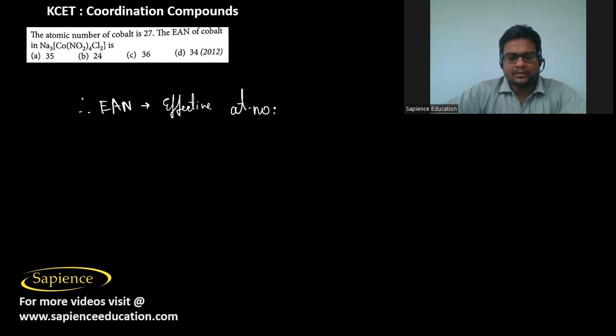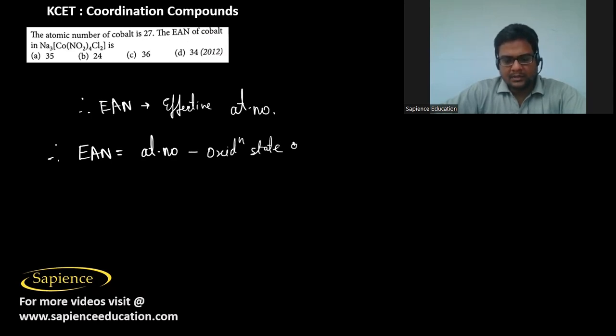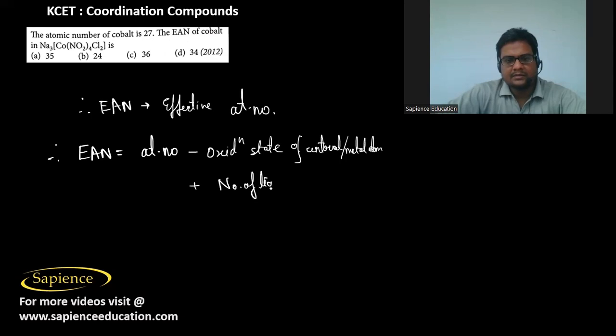The formula to find EAN is the atomic number minus the oxidation state of the central metal atom plus the number of ligands times the number of electrons donated by each ligand.